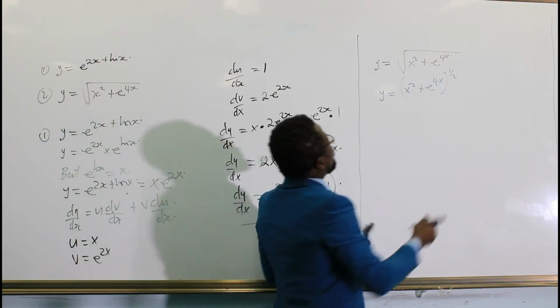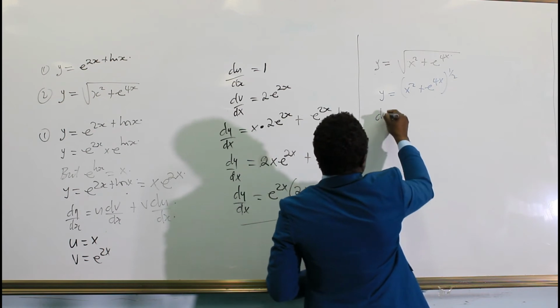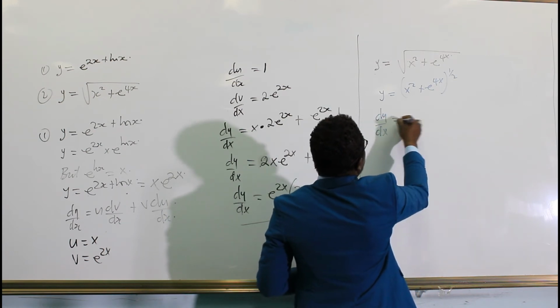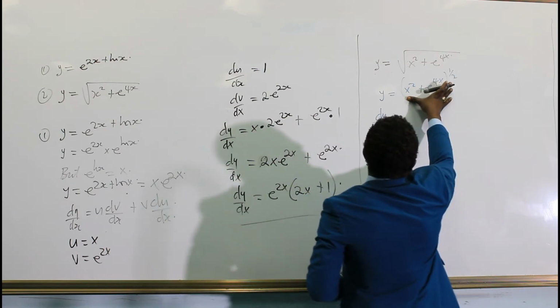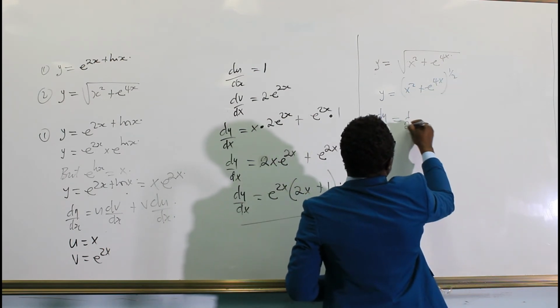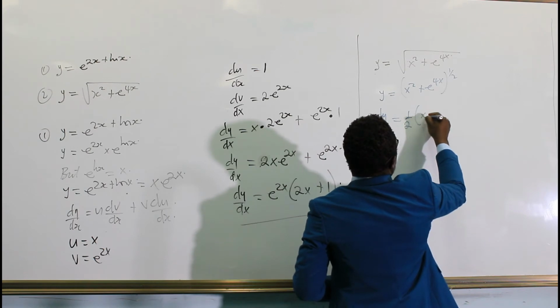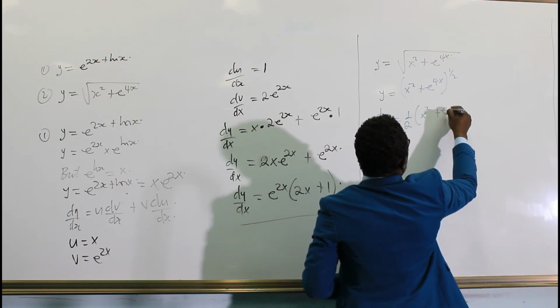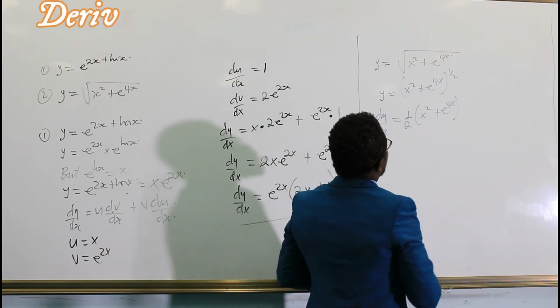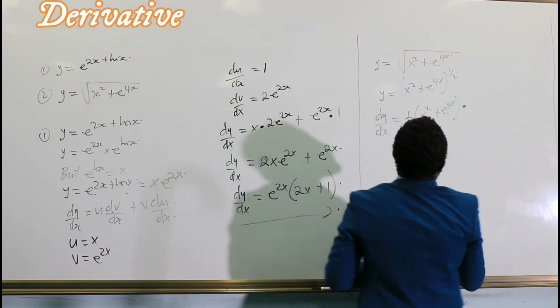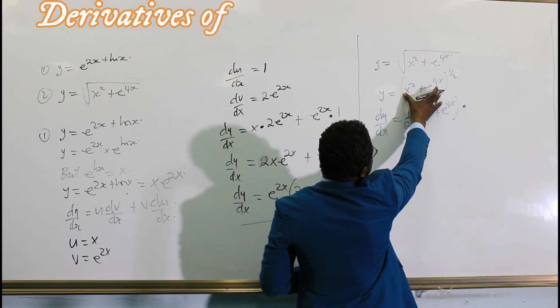To apply the power rule, dy/dx is simply going to give us, when differentiating the whole function, 1/2 times x squared plus e exponent 4x, multiplied by differentiating what is in the bracket.